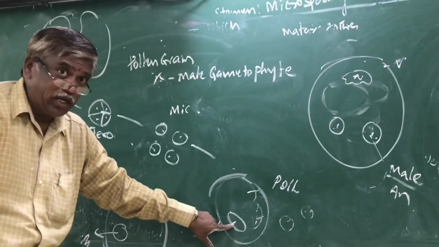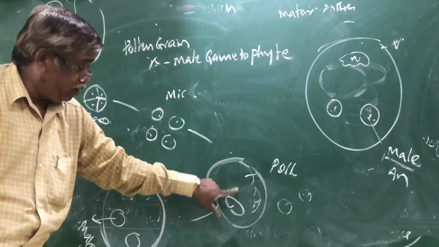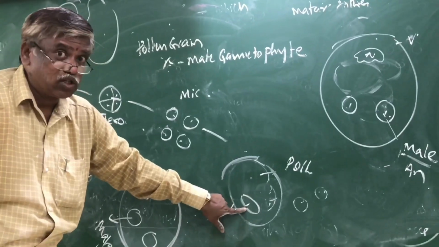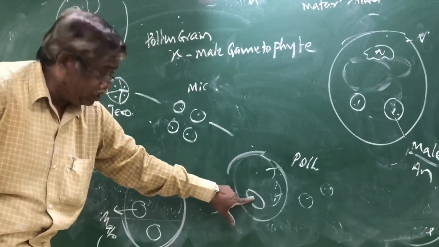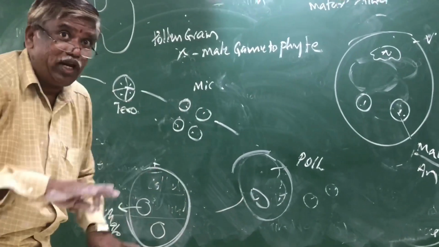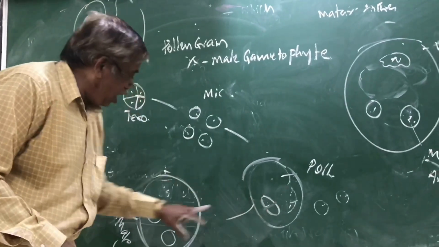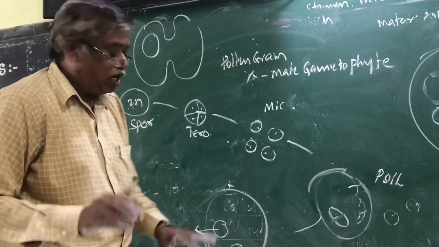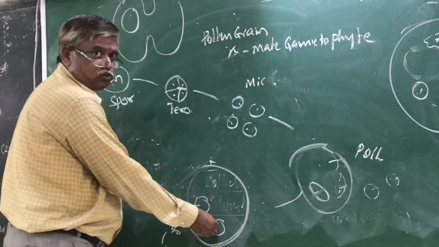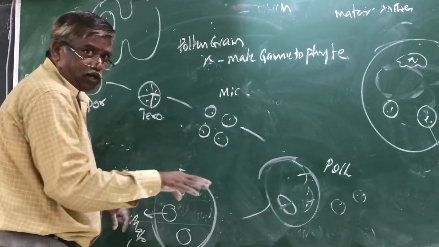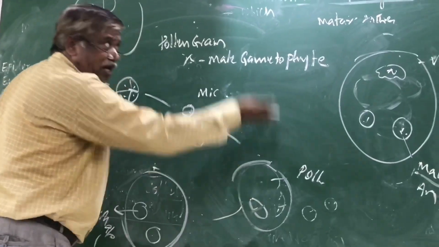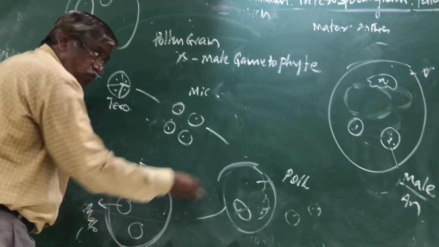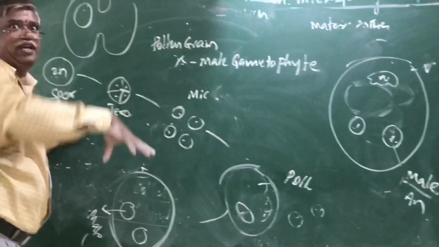Name the cell: the small cell of the pollen grain is called the generative cell. The generative cell within the pollen grain divides and forms male gametes. That means the two male gametes are formed in the pollen grain, which is present in the theca.